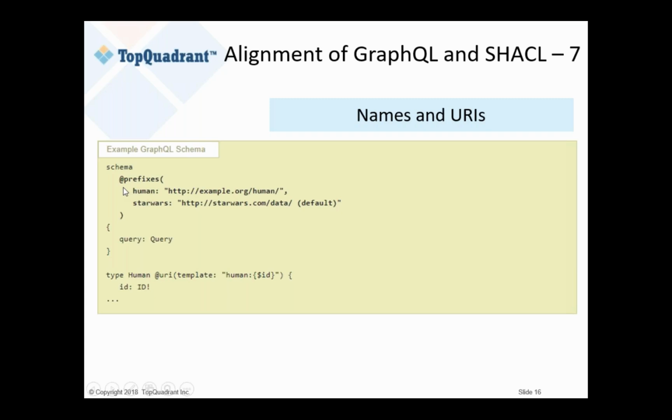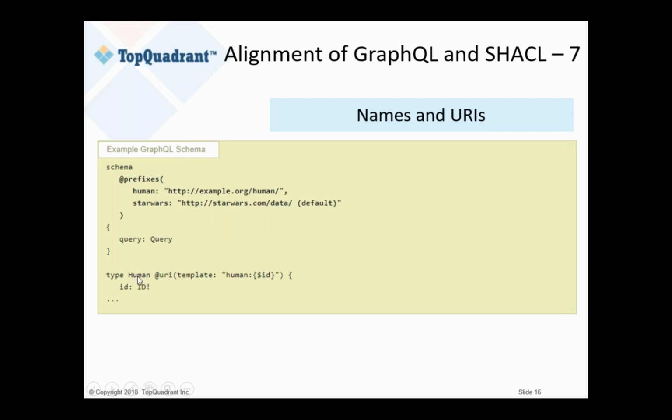So to represent them in GraphQL, we have again used a small extension, because GraphQL only has simple names, it doesn't have this concept. So we have introduced a directive called prefixes, where you can define the namespaces that are used, and then you can define the default prefix. In this case, this here is used as the default namespace for any identifier in your GraphQL schema.